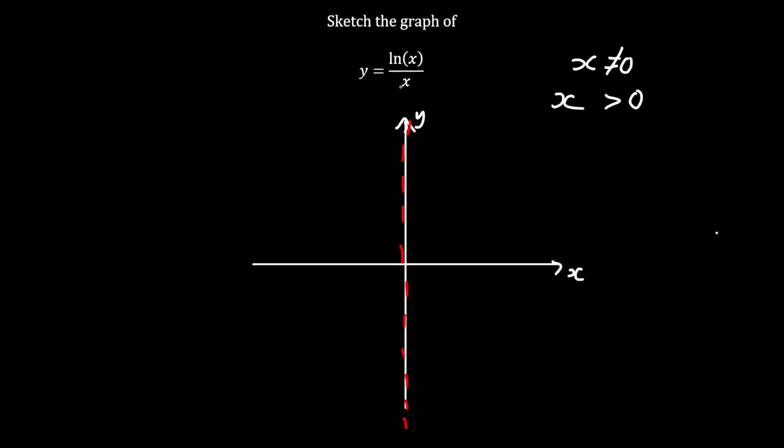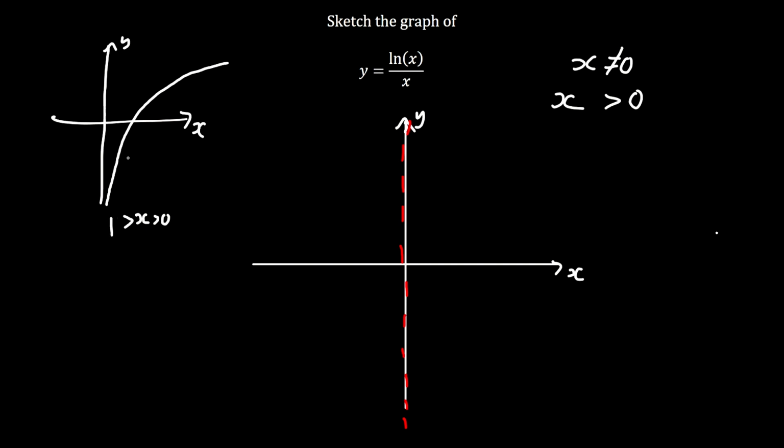Now, if we think about the natural log of x, if we just do a little sketch of this graph, we know that it looks something like this, and we can see that for when x is slightly above 0 but less than 1, the natural log of x is negative. So it will be in this region here.